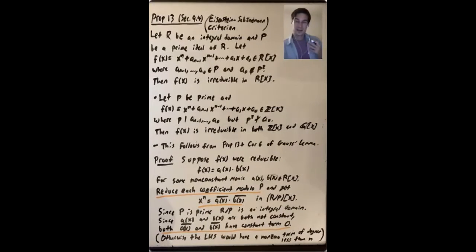And the thing that makes this work is that we know that A of x and B of x are both not constant. And we claim that both the image of A of x and the image of B of x under this reduction have constant terms 0. And the idea is, what would happen if the constant terms were not 0?